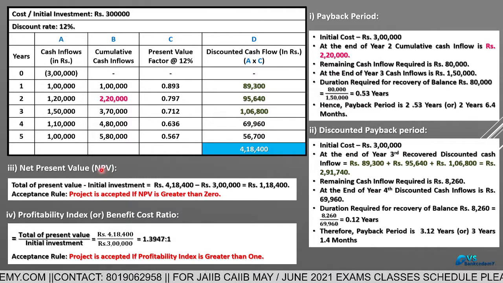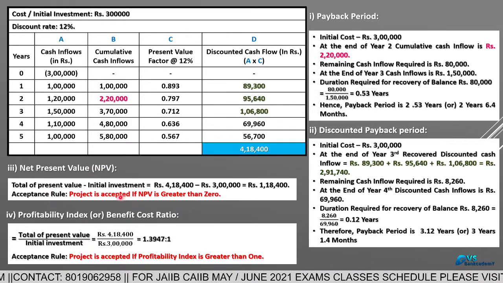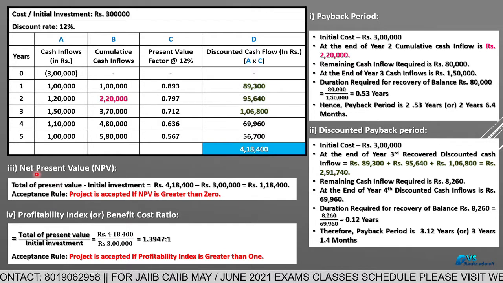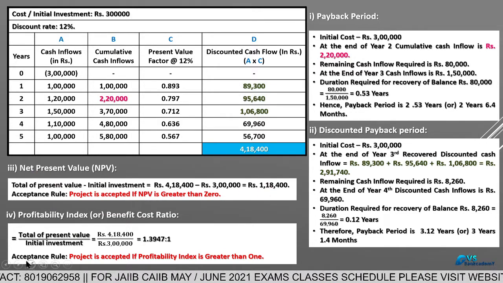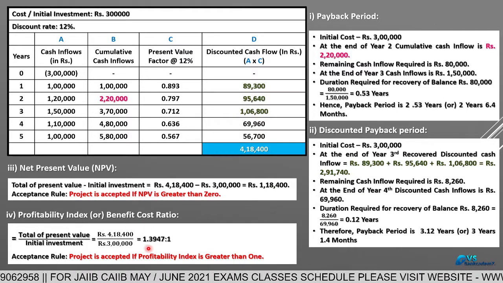There is one more relevance between net present value and profitability index. If the net present value is positive, automatically the profitability index or benefit cost ratio will be more than 1.